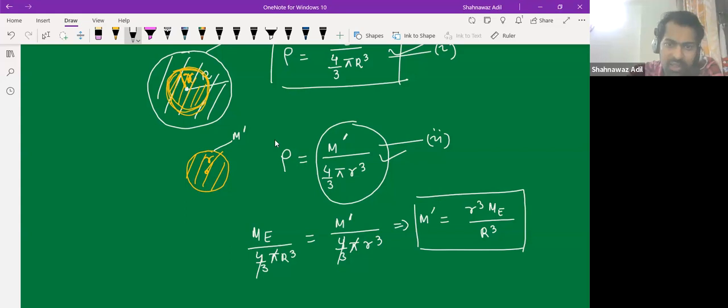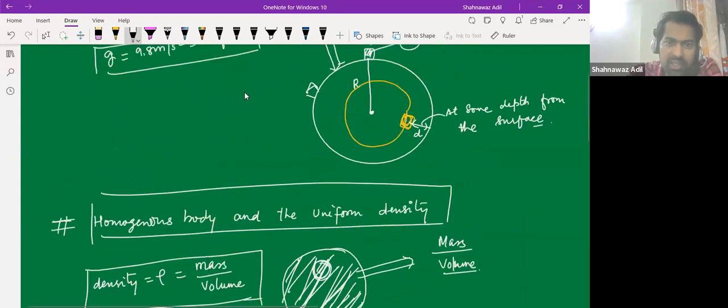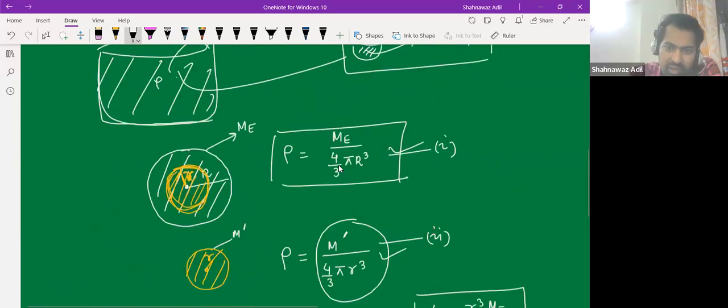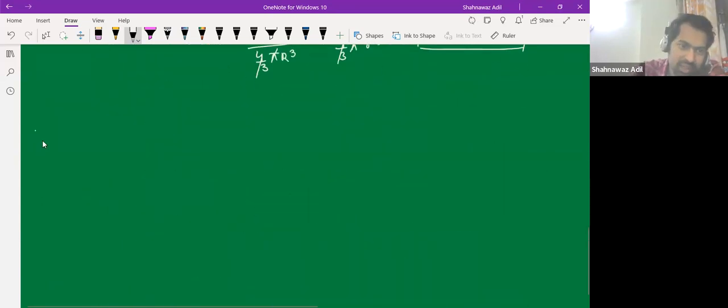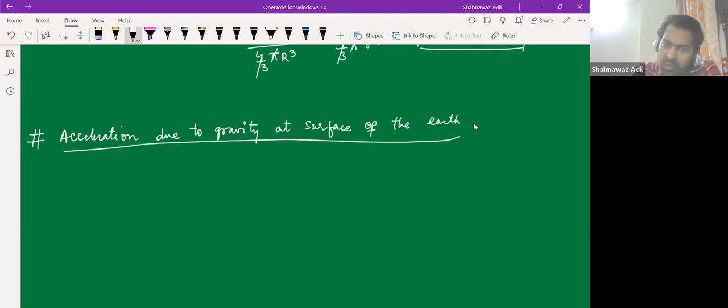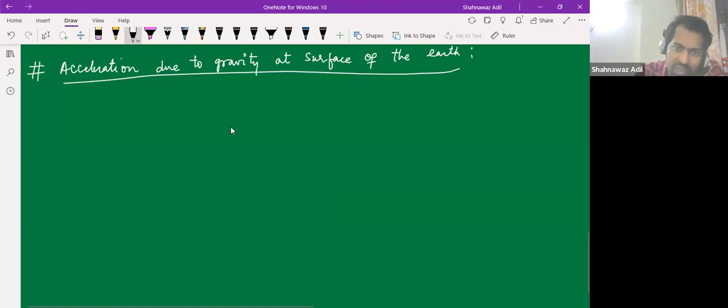So just remember this thing, and now let us calculate the acceleration due to gravity at different regions. First, let us calculate the acceleration due to gravity at the surface of the Earth.